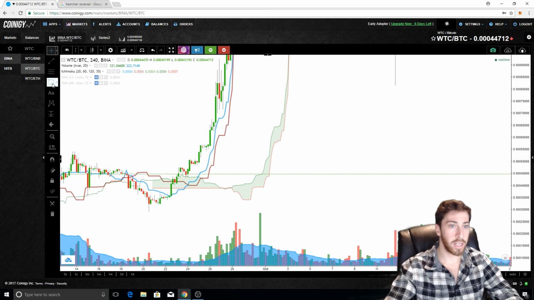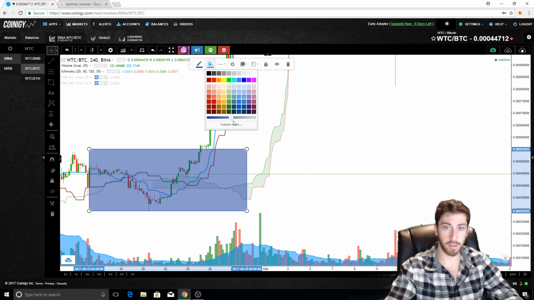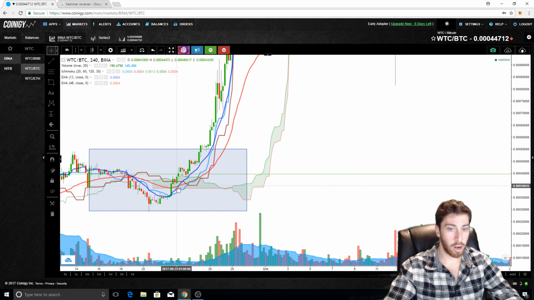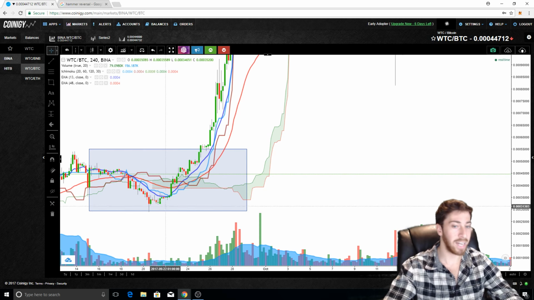But if you look right here in this zone, I'm going to make this a little bit more opaque so you can see it better. In this area, both my indicators are giving me a crossover, the EMA a little bit before the Ichimoku. So right there, that's already a buy. And you're going to see a buy for one of these two indicators before really anything else, in my opinion and from my experience.